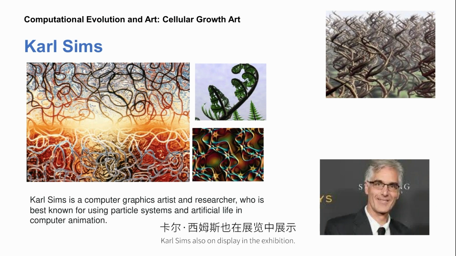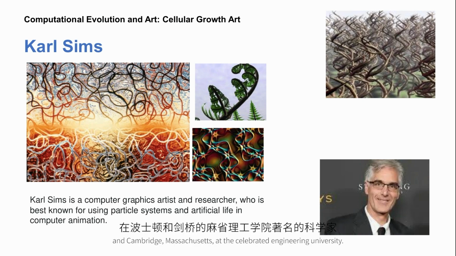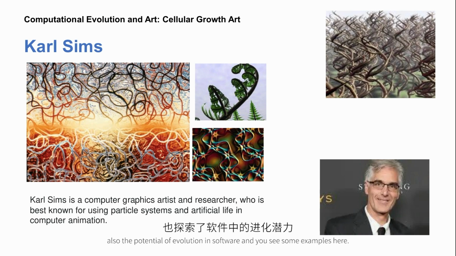Karl Sims is also on display in the exhibition. A famous scientist, in the early 90s at MIT in Boston, in Cambridge, Massachusetts, at the celebrated engineering university there. Karl Sims also explored the potential of evolution in software, and you see some examples here.